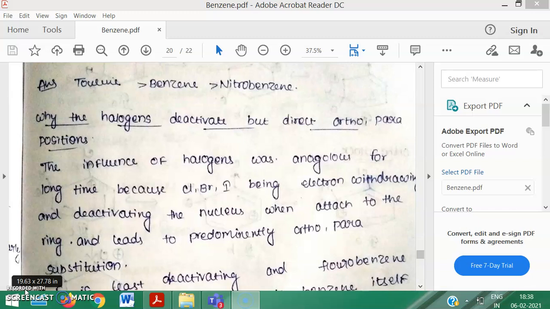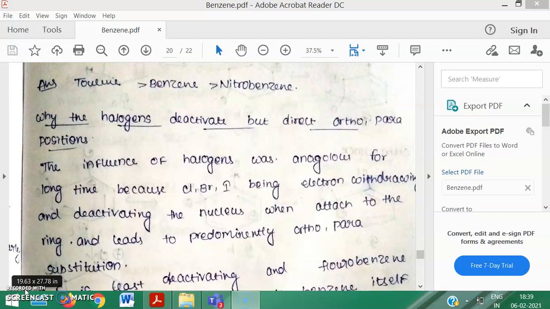So somewhat stable structures are formed in the meta attack, a more stabilized arenium ion compared to the ortho and para attack. That's why they direct the meta position. So activating groups are ortho para directing, deactivating groups are meta directing.